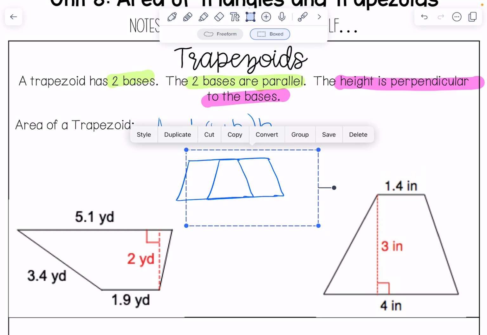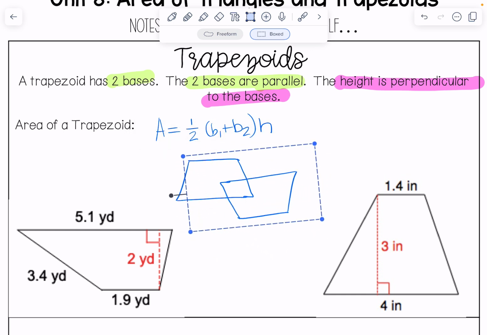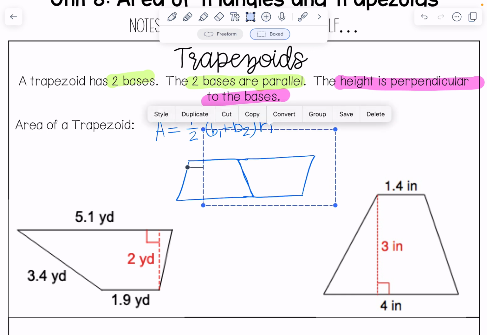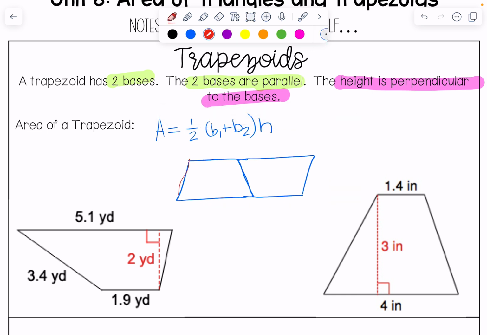If I take the two trapezoids and I rotate and slide, notice that now I have a parallelogram shape. If this is my base 1 and this is my base 2, when I've rotated it, now this is base 1, that's base 2. So if we think of our area formula for a parallelogram, remember it's base times height.